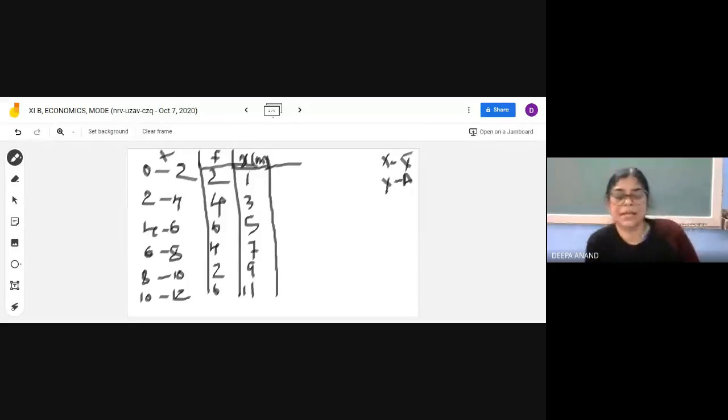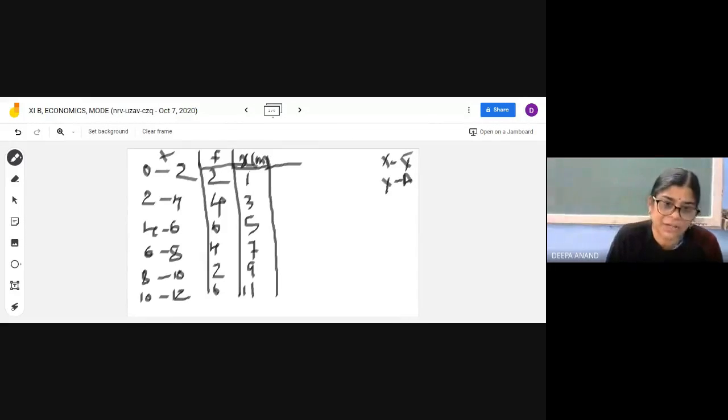So here, your next step is to find the mean. Continuous series mein mean kaise find out karte hain apan? fx upon n. So arithmetic mean is equal to fx upon n, because here we don't have the assumed mean.